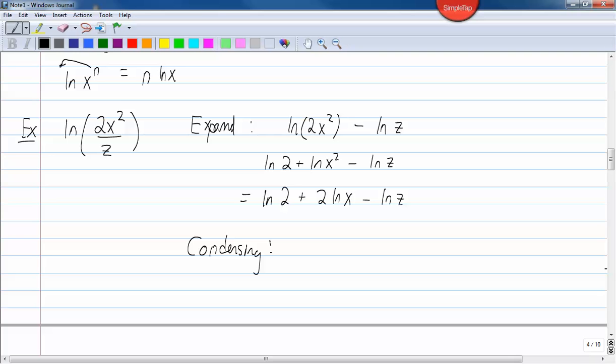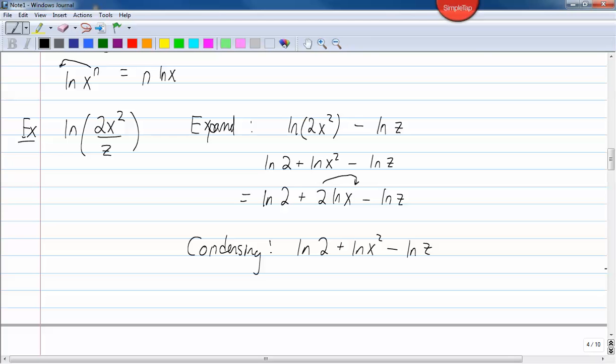Are there any numbers in front of logarithms? And if there are, you can take that number and move it up to a power. So I can say this is natural log of 2 plus natural log of x squared minus natural log of z.